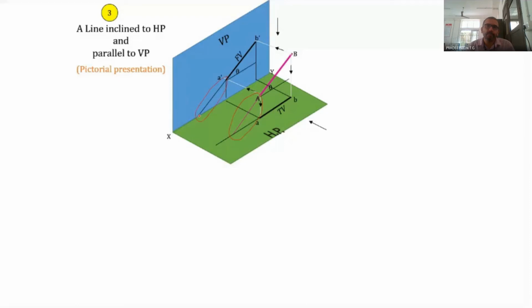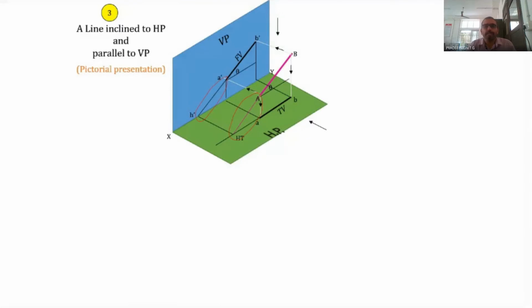This point is the point of intersection of the extension of A dash B dash, that is the front view, with the XY line. That particular point we mark as H dash, since it is the front view of the horizontal trace. Horizontal trace, we commonly denote it with HT. So it is the front view of the horizontal trace, and we commonly mark it as H dash, and the actual point as HT.